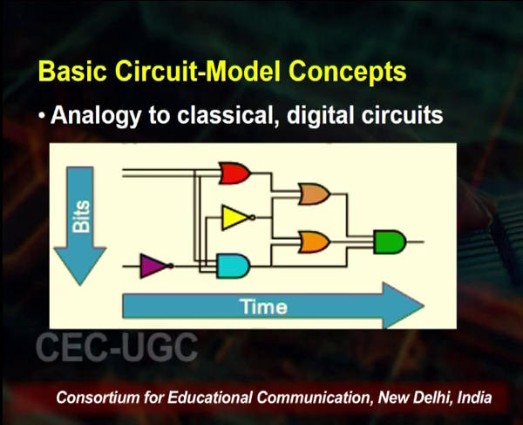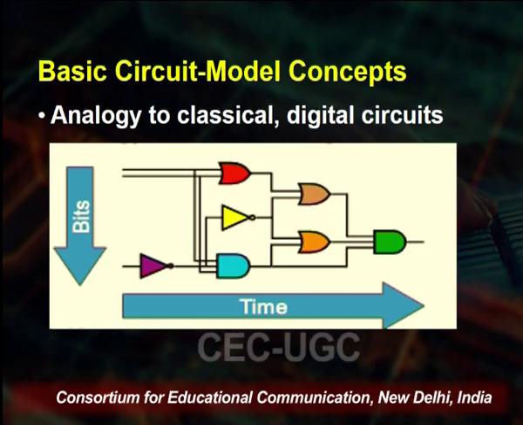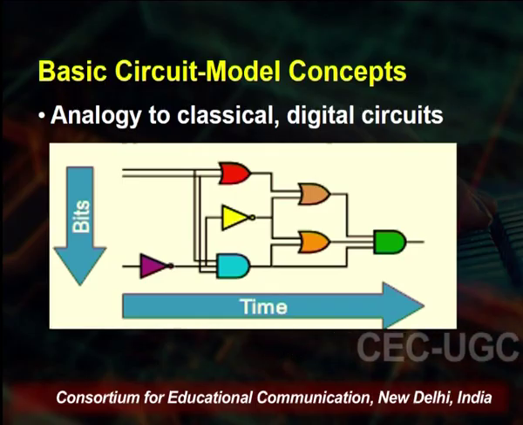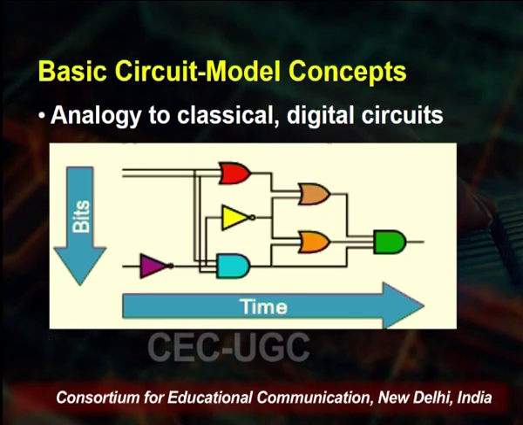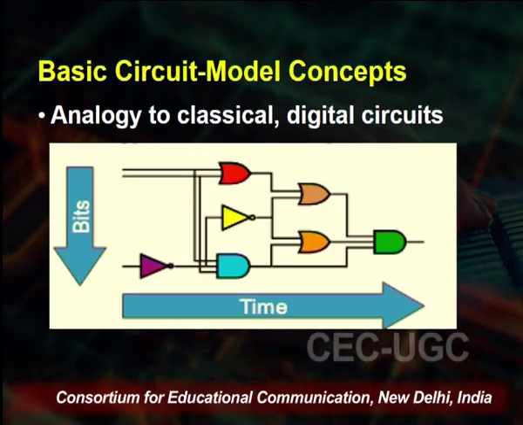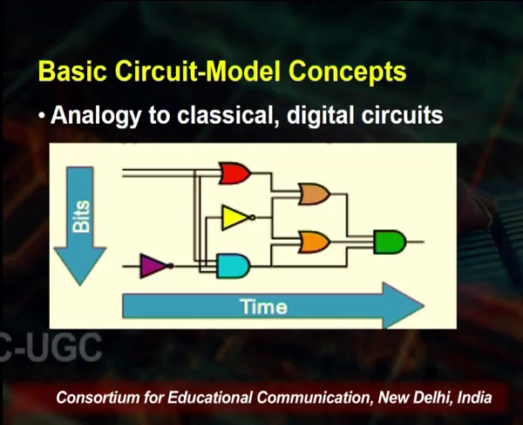Now this is the basic circuit. You remember that when we talk about the digital circuit, then we prepare it with the bits and time. These are the logic gates we use whenever we make circuitry in classical computers. So this is an analogy to the classical digital circuit, where we use AND and NAND gates.